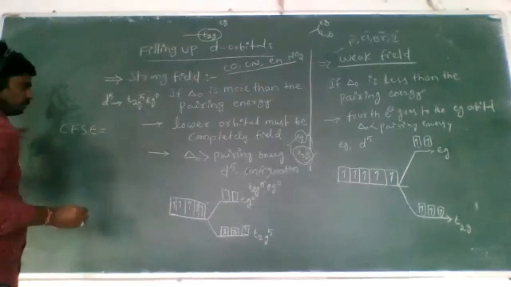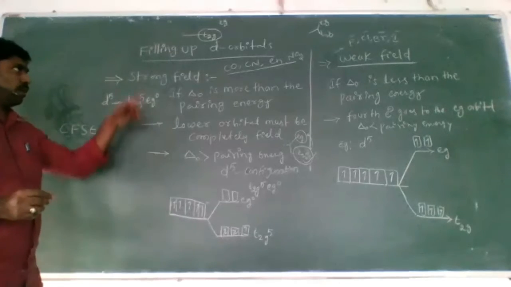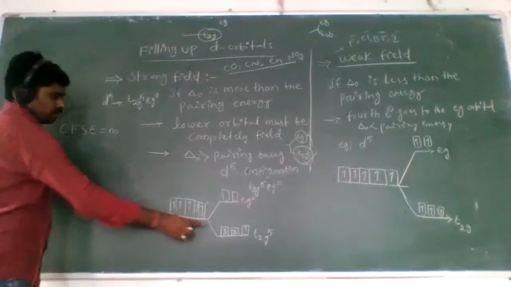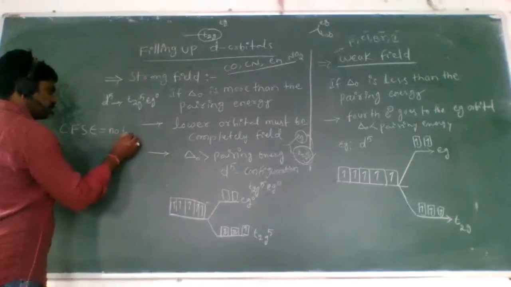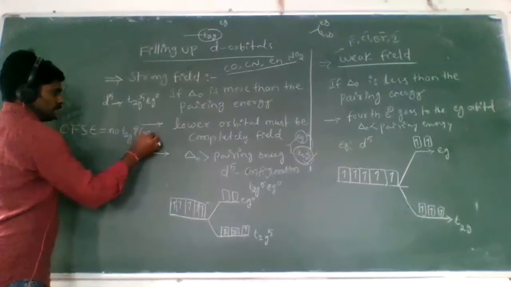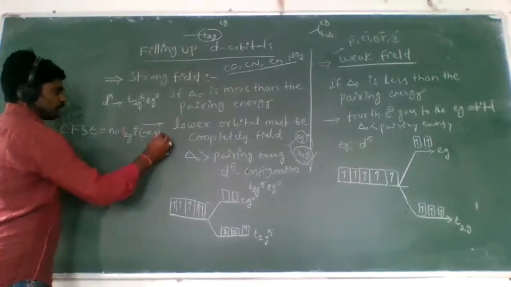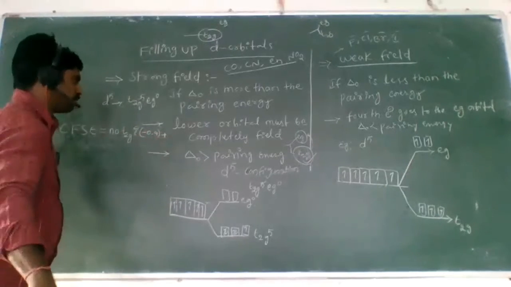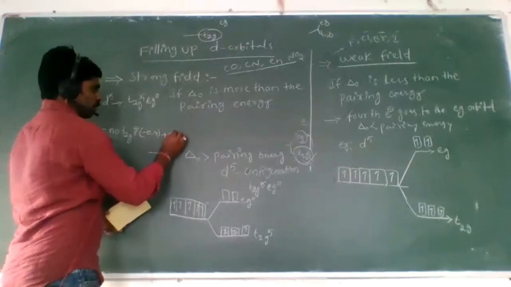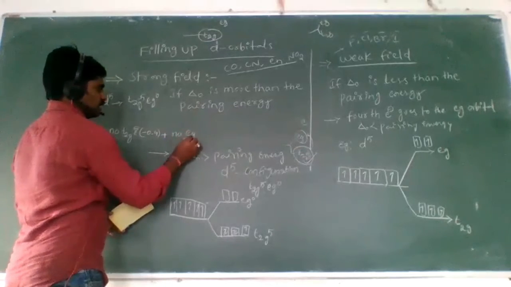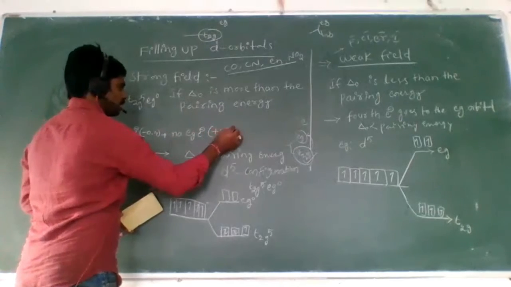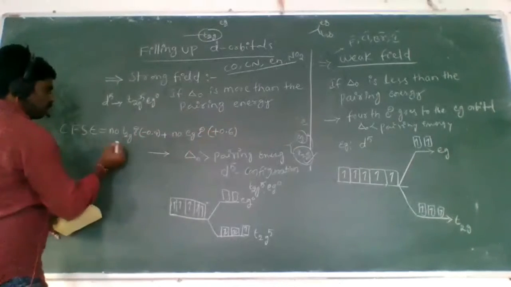In the strong field condition, it is equal to the number of T2g electrons times minus 0.4, plus the number of eg electrons times plus 0.6.